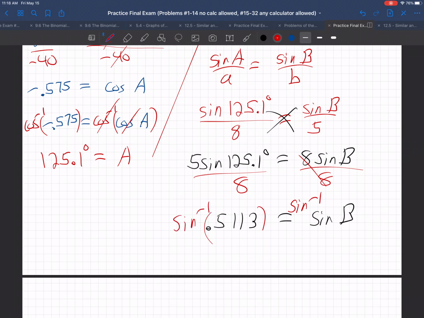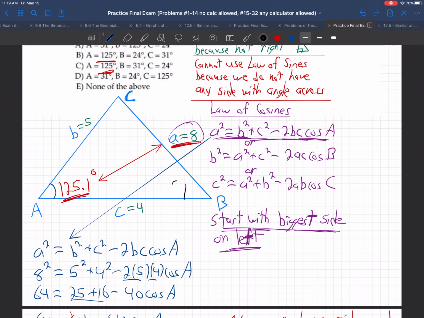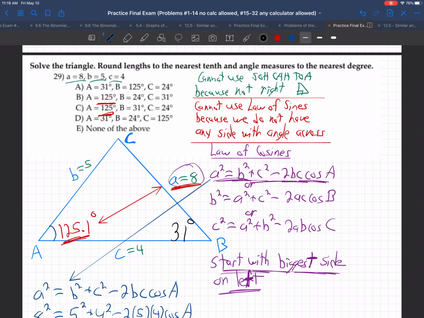Sine inverse on both sides cancels out over there. So we get B equals sine inverse of the answer, 30.75 degrees. That'll round to 31. I think they want us to round to the nearest whole degree. So B is 31 degrees.